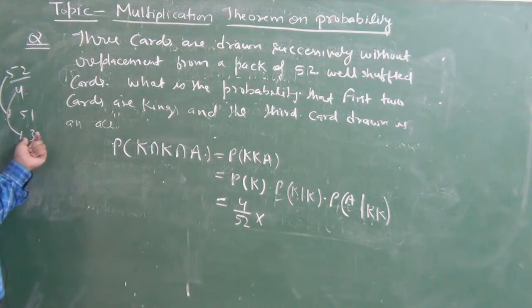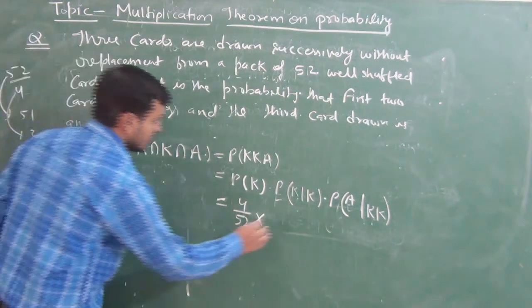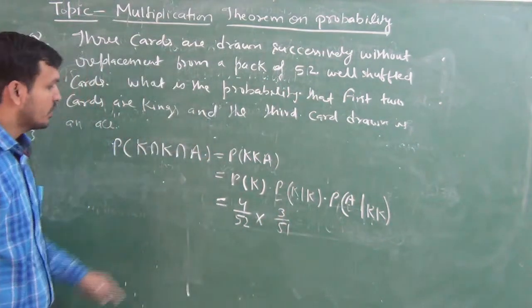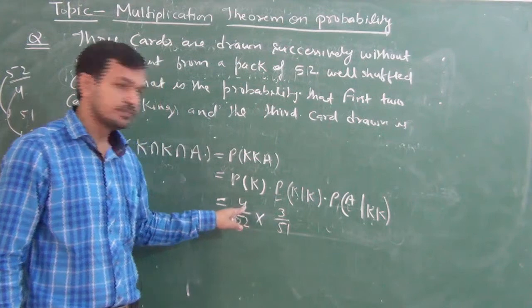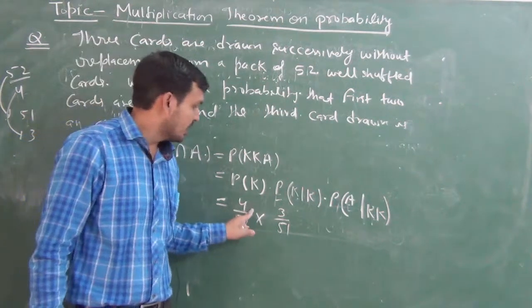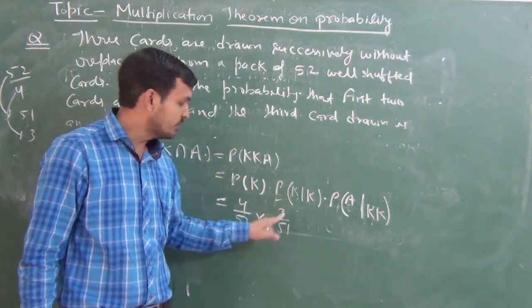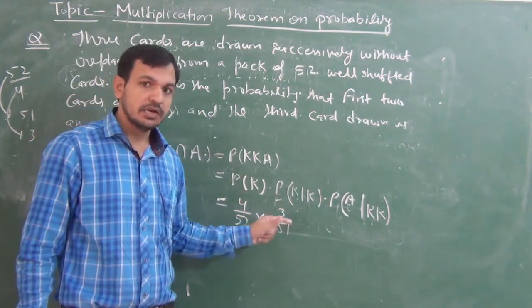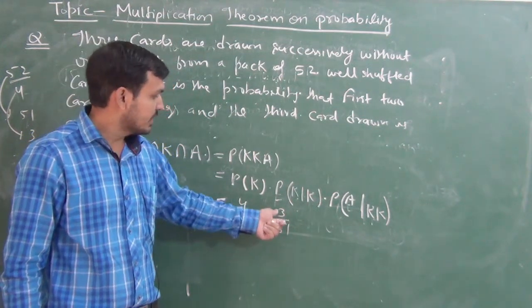So the probability of getting the second card as king is given by 3 by 51.